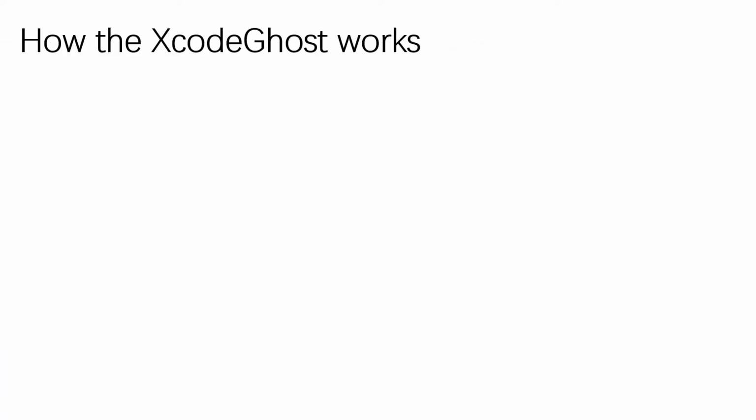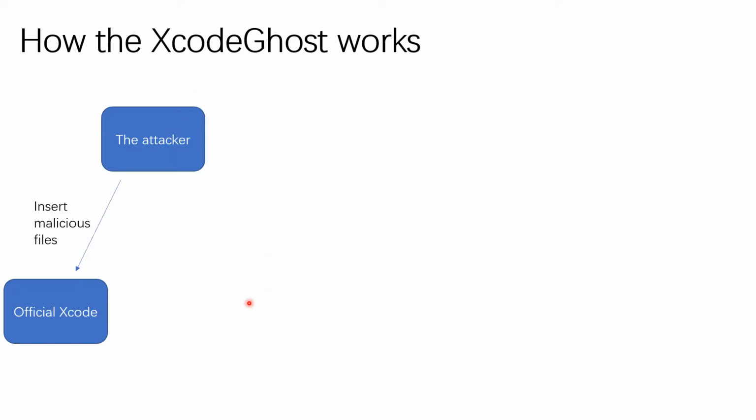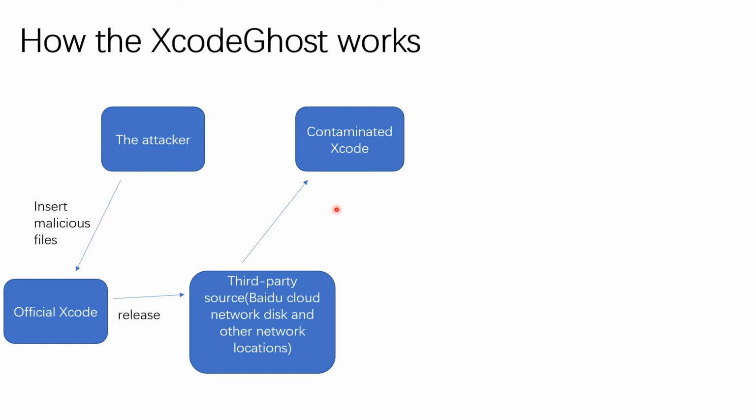In the second part, I will discuss how XcodeGhost works. Now, I will introduce the infection method of XcodeGhost. Firstly, the official Xcode is implanted with malware by the attacker. Secondly, the attacker uploads it to Baidu Cloud, Network Desk, and other network locations.